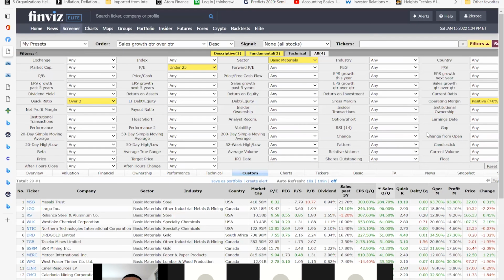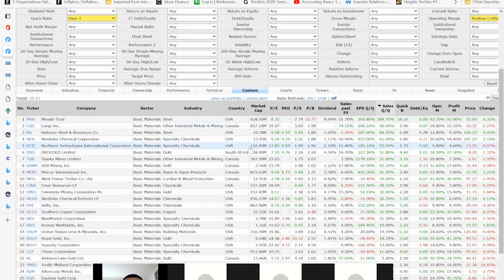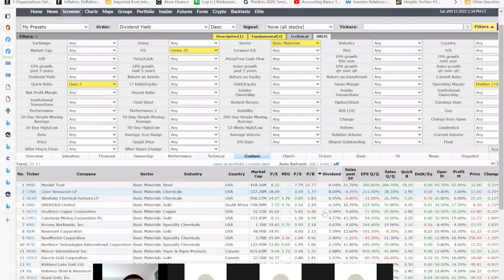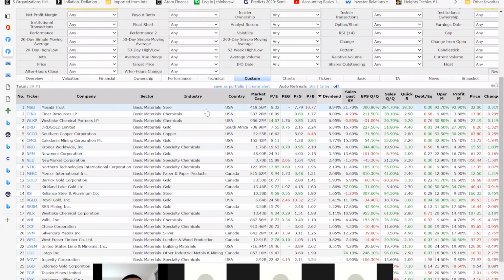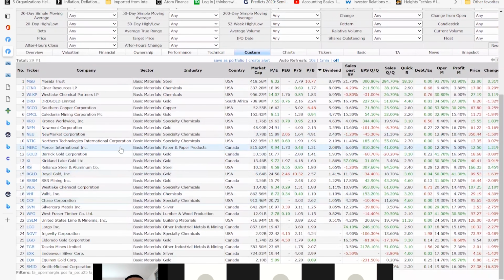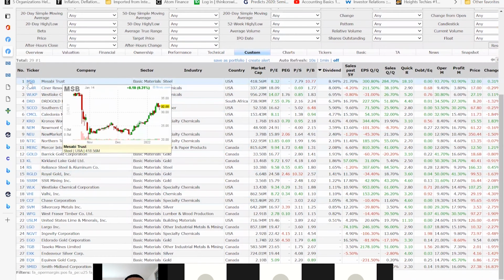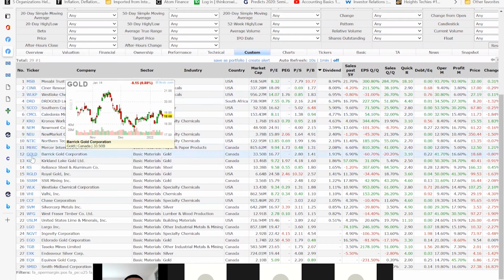Let's see who has good sales growth. Right, some of the largest companies in the space have the highest sales growth. So that's interesting as well. Let's see who's paying the best dividends. And then I might look at these things from this perspective, and then I'll literally just start going through these companies one by one.